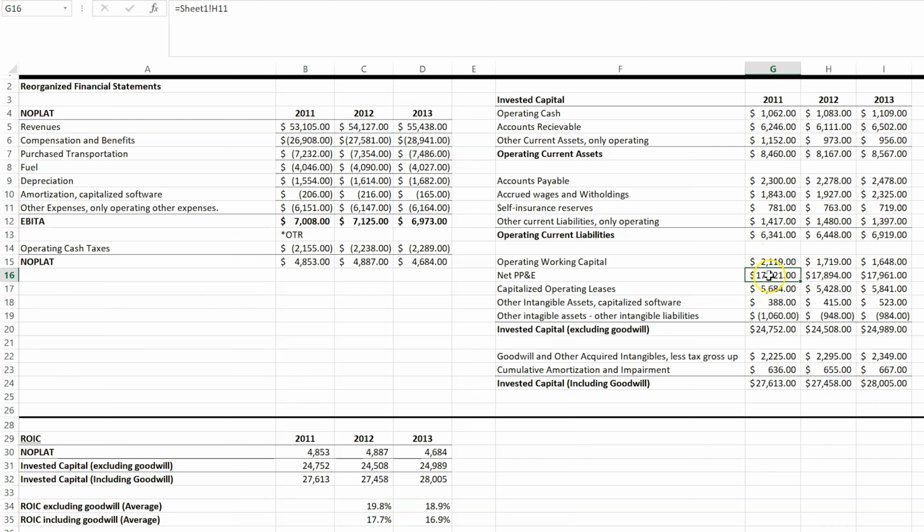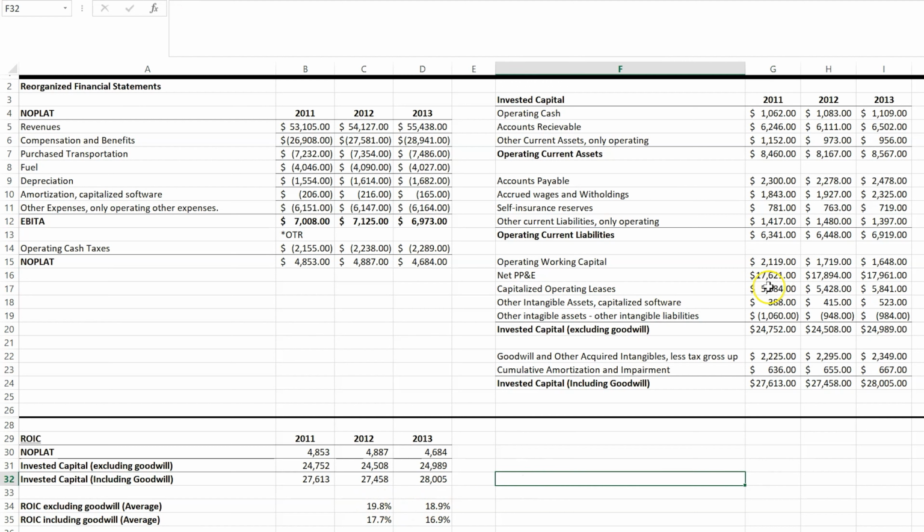If they remove some of the net PP&E, they reduce their invested capital, and as long as they're leasing them back, they're not affecting revenues. They'll have some additional costs, but it's probably lower than the maintenance costs on the machinery, and it's probably simply replacing the interest costs with rental expense. So it's probably not affecting NOPLAT too largely. Certainly it might a little bit, but not as much as it affects invested capital. And because of that, it's going to increase a firm's ROIC.